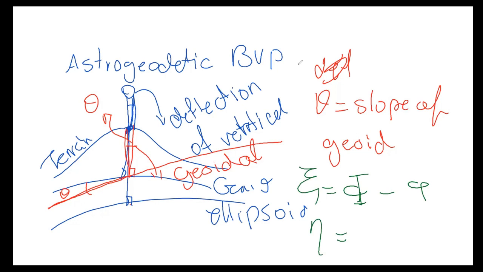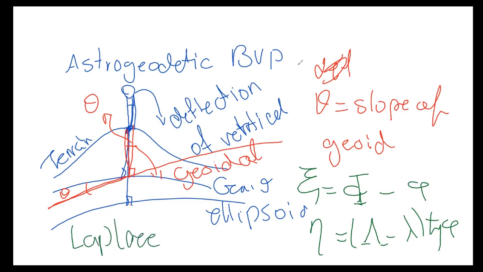We can also compute it from the astronomical longitude and geodetic longitude. So we can measure the deflection of vertical simply using Laplace points. Laplace points are points that have astronomical coordinates and geodetic coordinates.